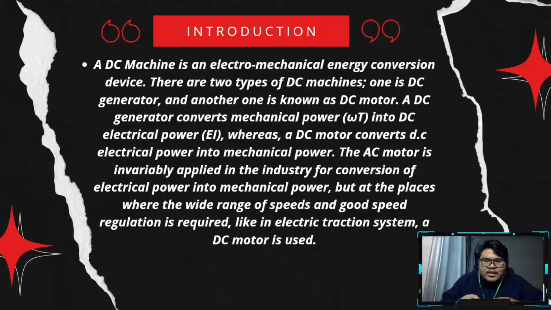AC motors are invariably applied in industry for conversion of electrical power into mechanical power, but where a wide range of speed and good speed regulation is required, like in an electrical traction system, a DC motor is used.